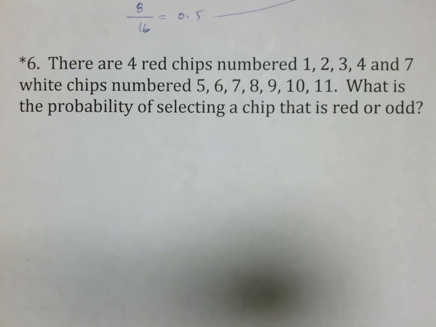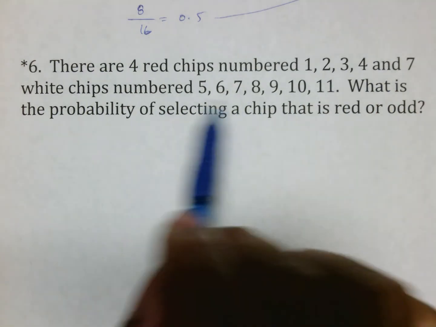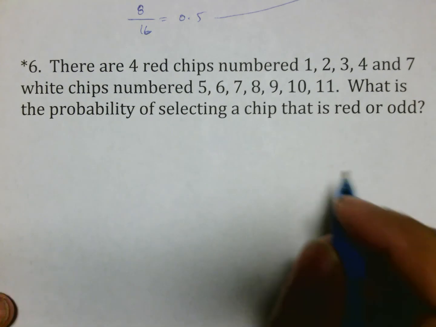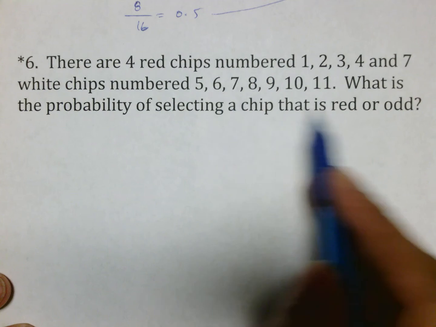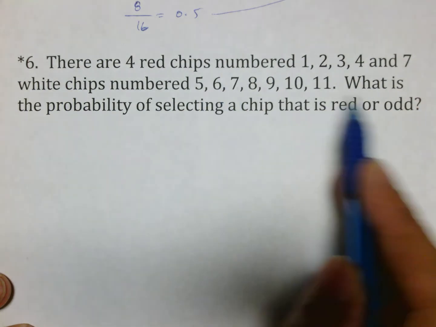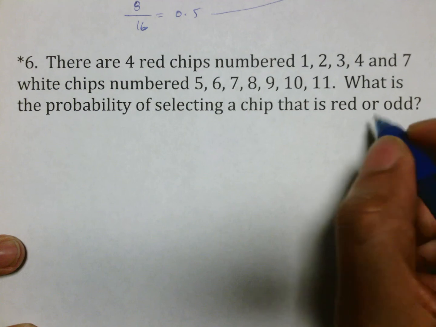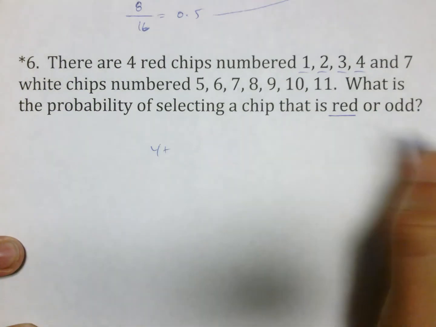Alright, so when you're looking at something like this one, I would definitely do it that way. 4 red chips and 7 white chips. You have 1, 2, 3, 4 in red. You have 5, 6, 7, 8, 9, 10, 11 in white. You want the probability that is red or odd. The best way to do this to me is not to do the probabilities, because there are things that overlap here. You'll learn more about that in your higher level of probability. So what I would do here is say I want red chips, so I have 1, 2, 3, 4 good ones so far.